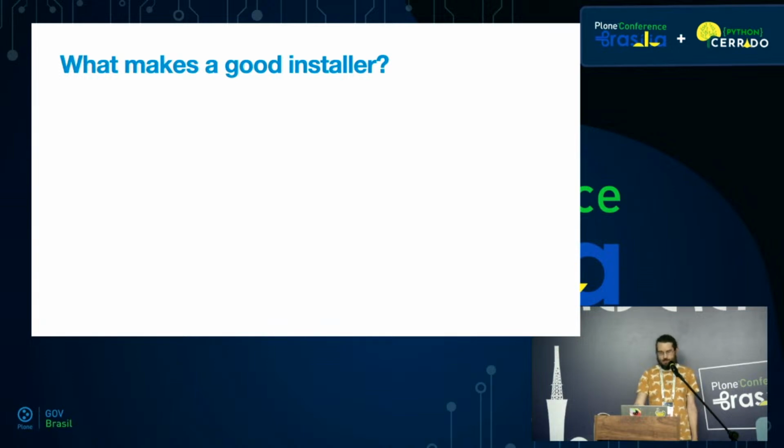Okay, so what makes a good installer? Well, you want minimal dependencies, right? You don't want to have to install a whole bunch of other things just to run your installer. You want it to be reliable and repeatable, so you can install on one machine and also install on another machine and get something similar that's working, even if this machine is slightly different versions of things.